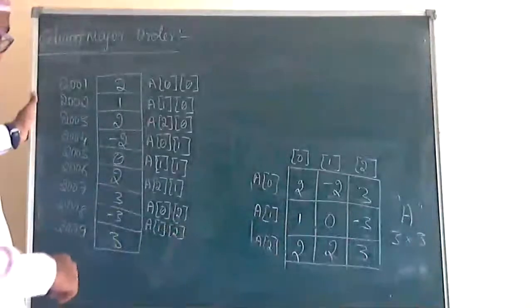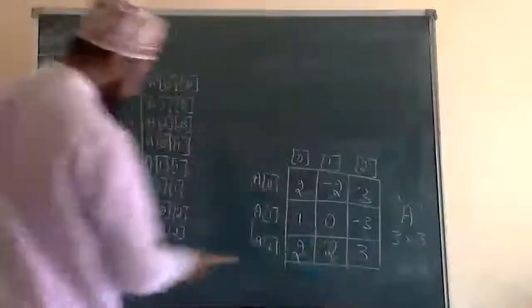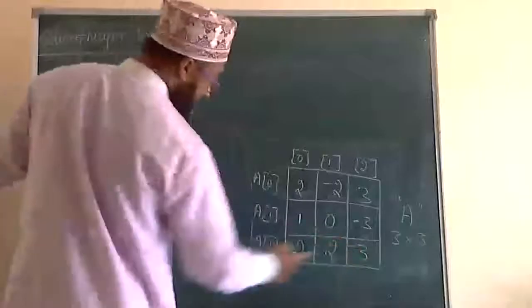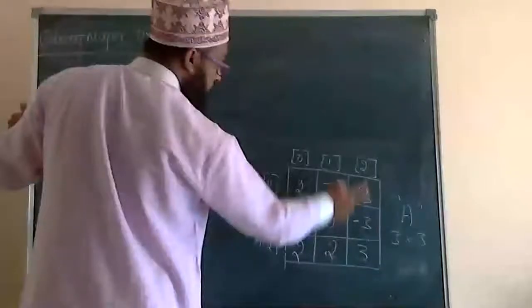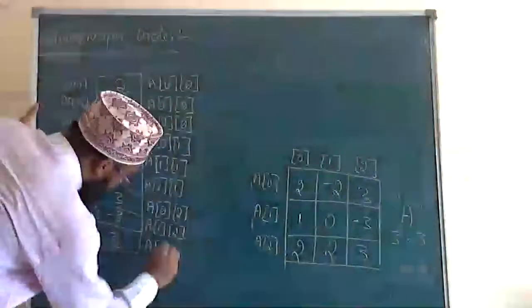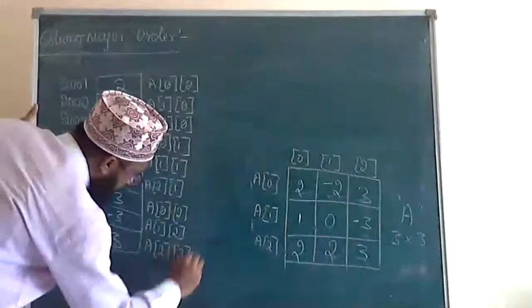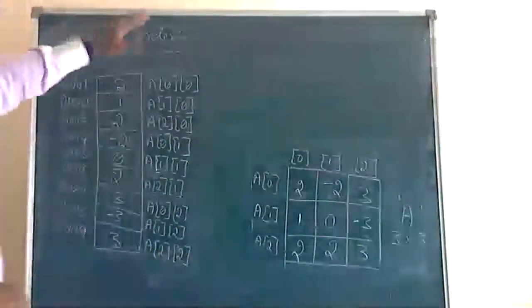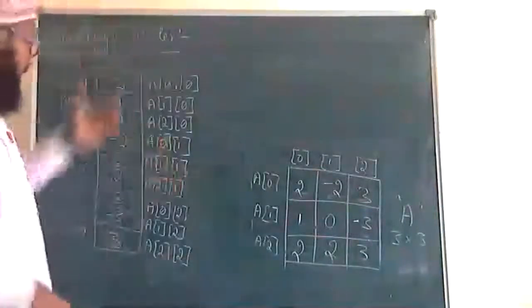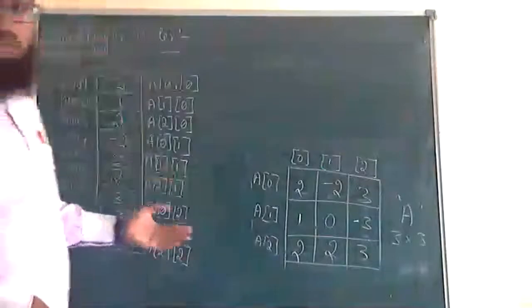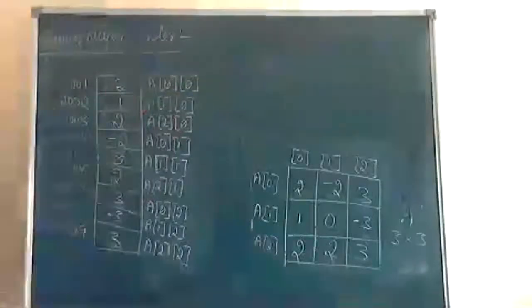Okay, then finally, this 3 is stored here. Then for this 3, first take row, a of 2, 2, then like this, elements are stored in column major order.